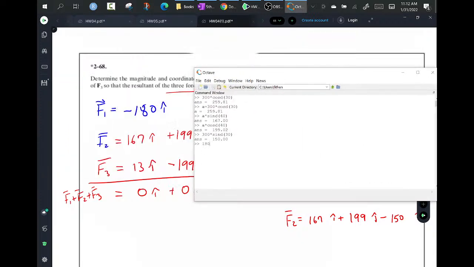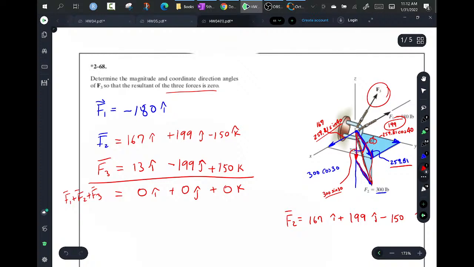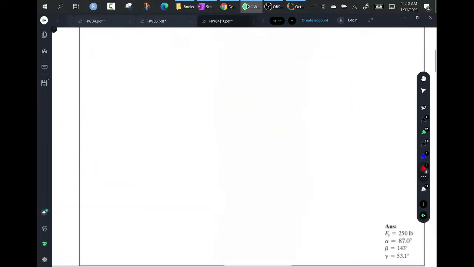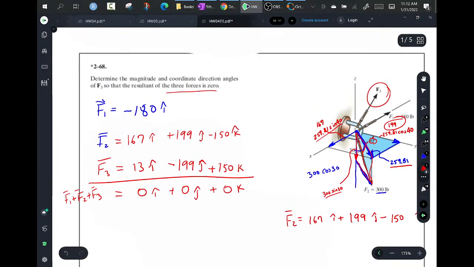Does minus 180 plus 167 plus 13, what's that equal to? And yep, it equals 0. So now, did I even include the answer here? Yeah, it says 250, and I'll address several of those in a second.